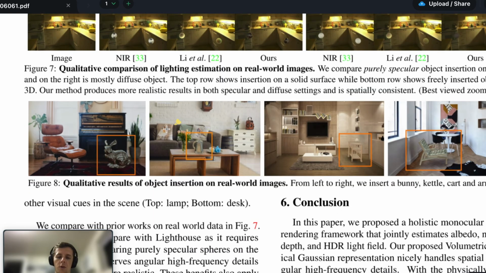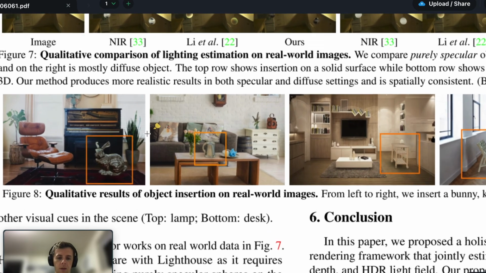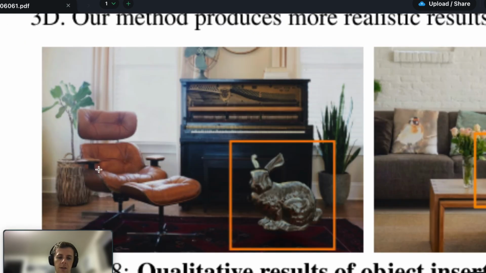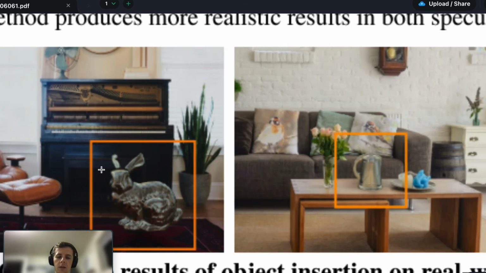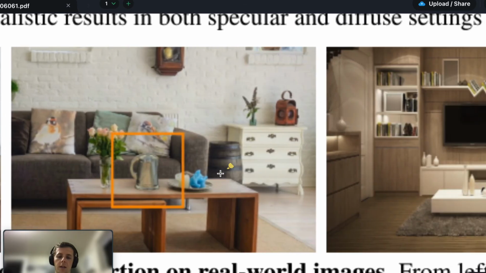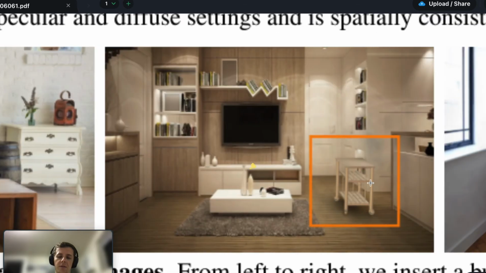There are also some other results here on the bottom where they simply insert objects in the scene, so you get a feel of how their prediction helped on the rendering. And as you can see, the inserted objects blend quite well, and they give you a nice feeling of belonging to the original scene.